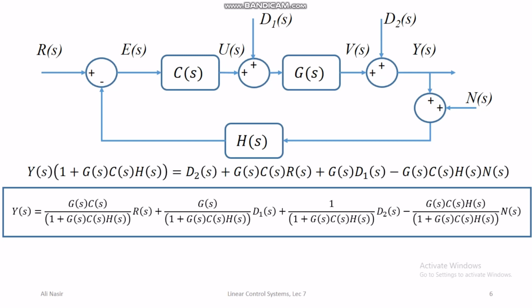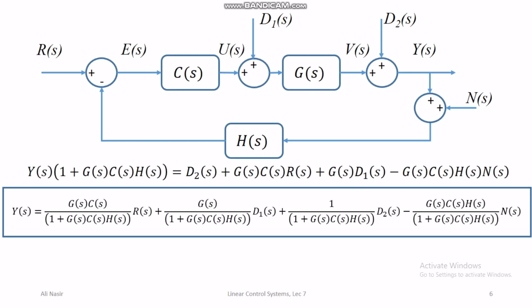Similarly, if you look at the term involving d1, the numerator is just g of s. And in the block diagram, the direct path from d1 to y involves just one block, that is g of s. And for the term involving d2 of s, the numerator is 1, because the direct path between d2 of s and y of s has no functional block in the way.